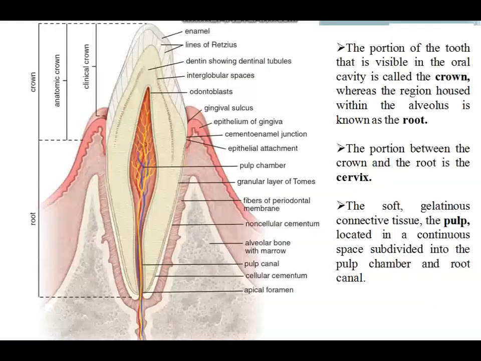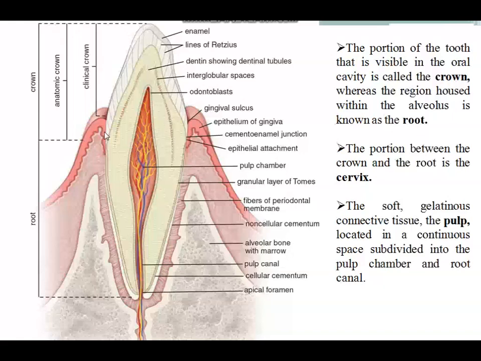Each tooth is suspended within the alveolar bony socket by the periodontal ligament that maintains the tooth in its socket. The gingiva also supports the tooth, and its epithelium seals the oral cavity from the subepithelial connective tissue spaces.